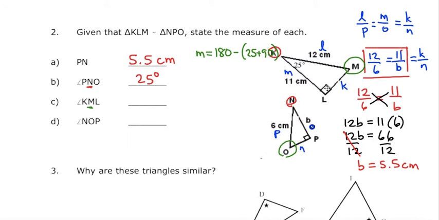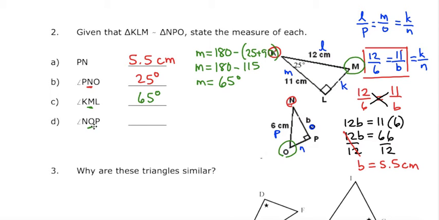So this is the interior angle of a triangle theorem. So all of the angles in a triangle add up to 180. So I can take M is equal to 180 minus 25 plus 90 is 115. And 180 take away 115 is 65 degrees. So angle KML or angle M is equal to 65 degrees.